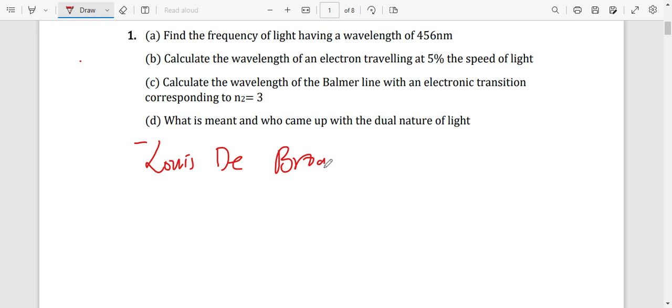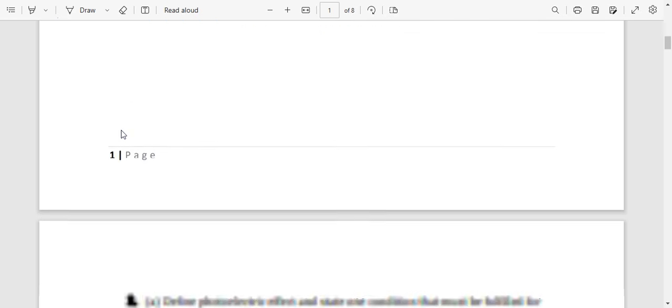Louis de Broglie. So this is the one who came up with the dual nature of light. The dual nature of light says that light is both a wave and a particle. So that is it.